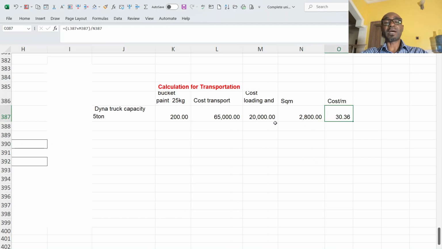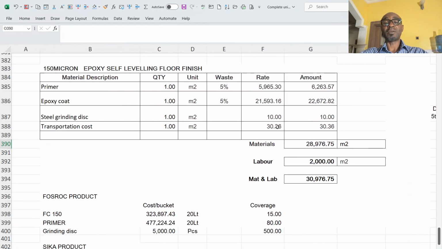So if you divide it by the cost of transport and offloading, you have 30 naira per square meter. So by the time you sum the amount together, you're having 28,000. The labor cost also varies from 1,000 to 2,000.